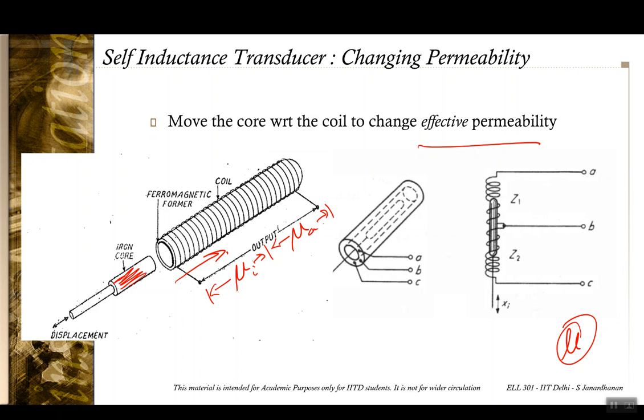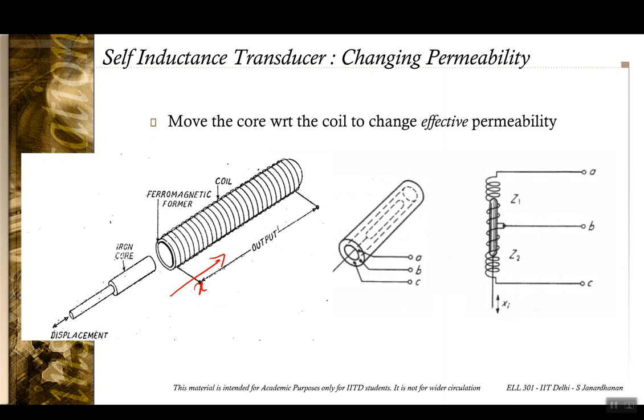Okay, and so effectively the permeability will be a weighted linear combination of the permeability of iron and the permeability of air. And that weightage will be proportional to the amount of displacement that is happening. Effectively, let us say this is the positive direction of motion.